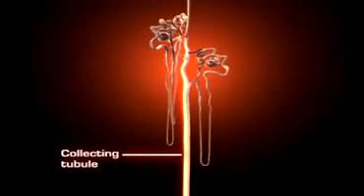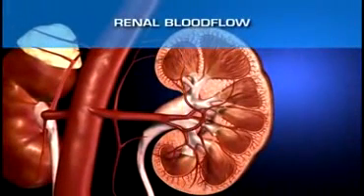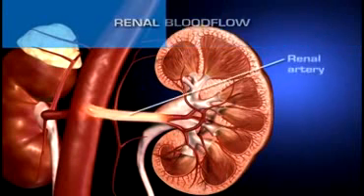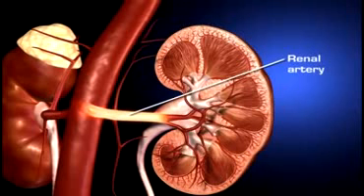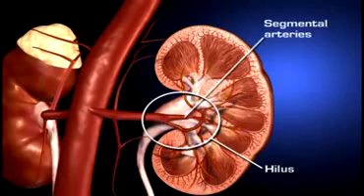Each kidney is supplied with blood by a single renal artery that arises on its respective side of the aorta before dividing into 5 segmental arteries that enter the hilus. Within the kidney, each segmental artery branches into several lobular arteries.